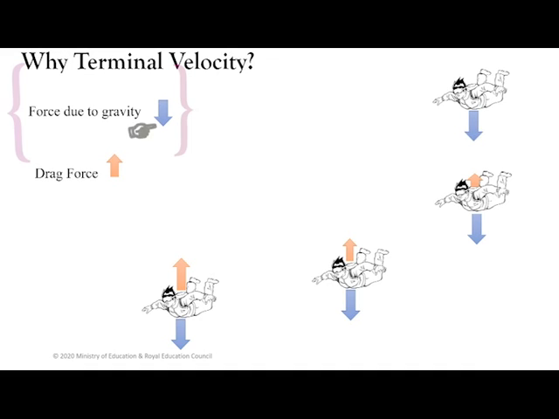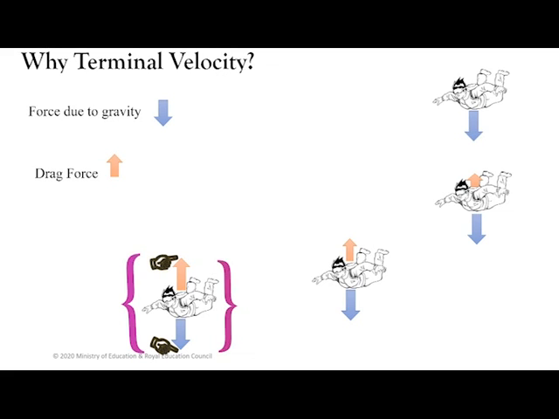And as the body keeps falling down, the drag force increases. It goes on increasing until a point where the drag force is equal to the force of gravity, which means the force that pulls the body up and the force that pulls the body down becomes equal.